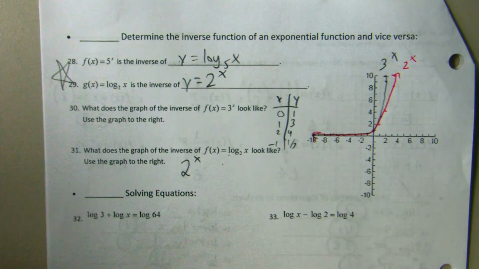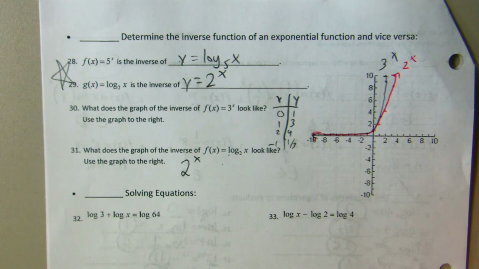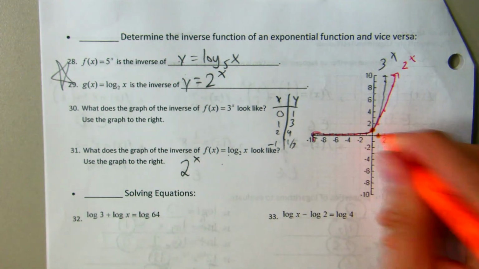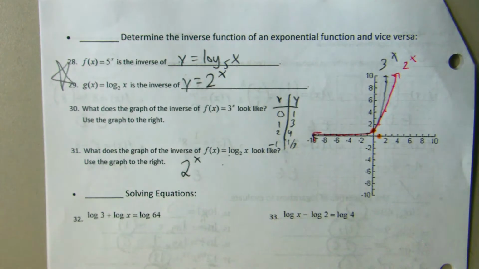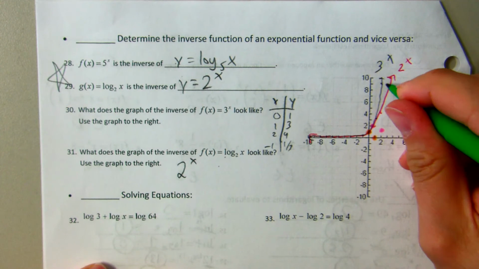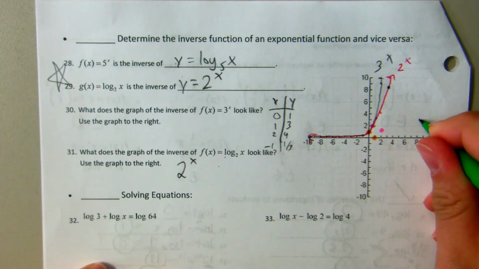But with inverse functions, all inverse functions means is you're switching input with output. So x and y becomes y and x. 1, 2 becomes 2, 1. 3, 8 becomes 8, 3.